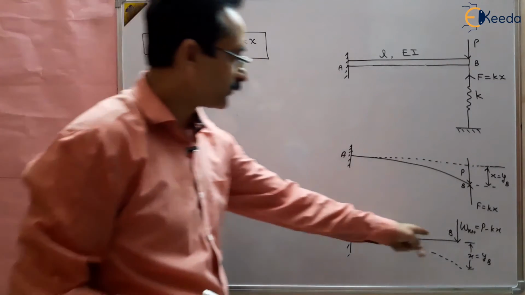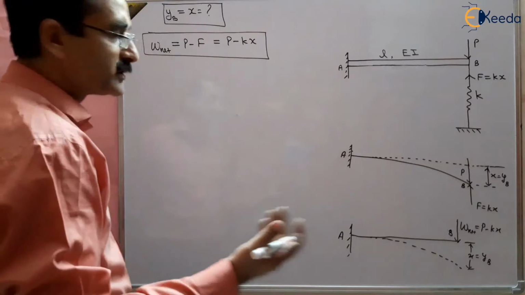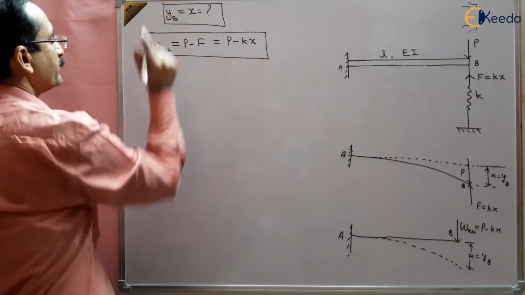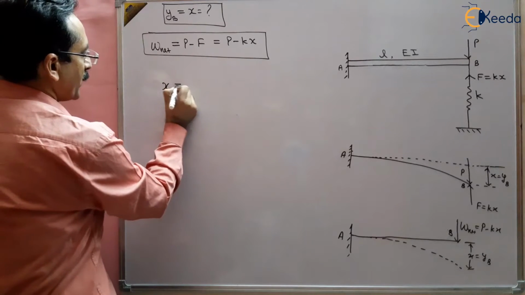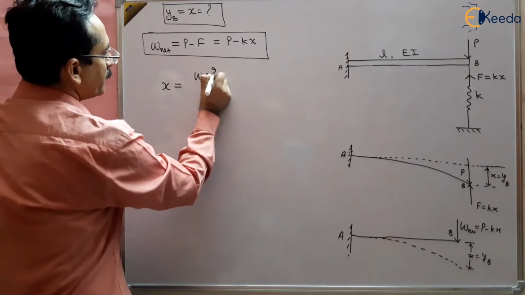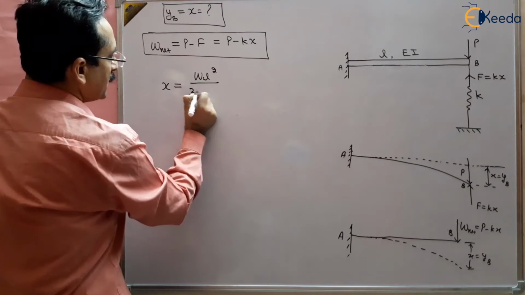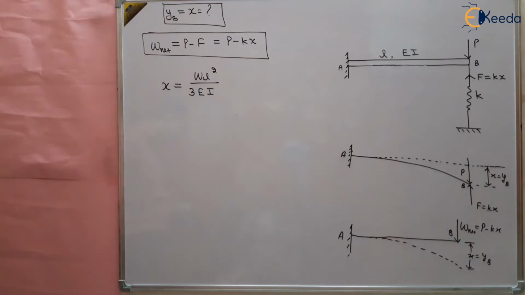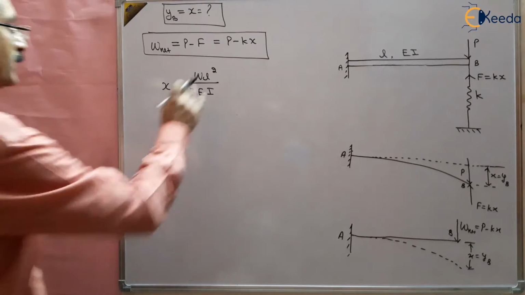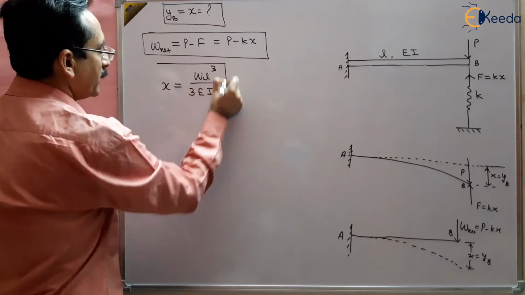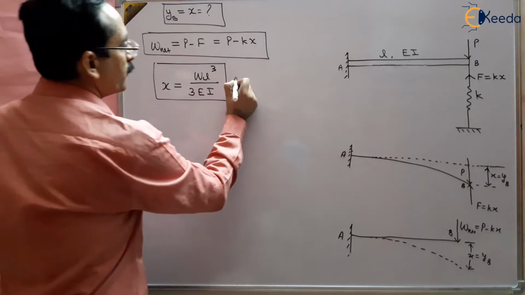For the free end, we know the deformation formula, that delta, which is now x, is given by W L cube upon 3 EI. This is the deformation at the free end for a cantilever beam.